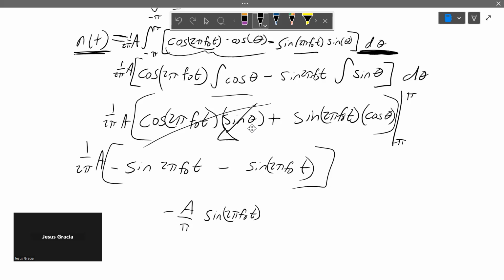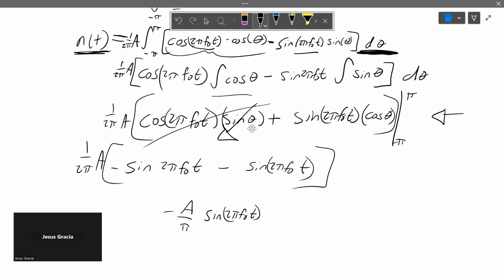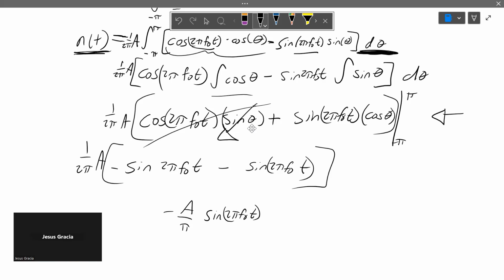If you notice in the picture that I sent in the group chat, at the very bottom it says AC power equals a squared over 2 minus 0. The minus 0 is, I think, the DC power. Sorry, I think it is the DC power.